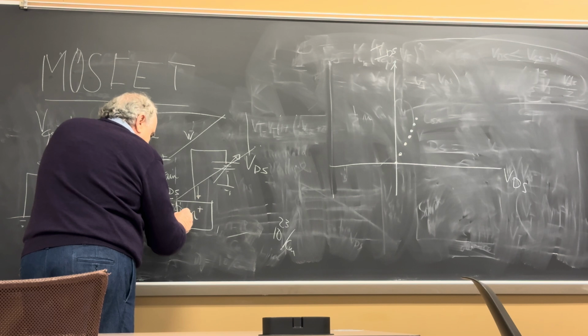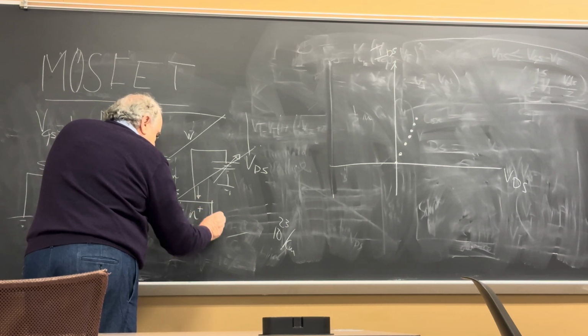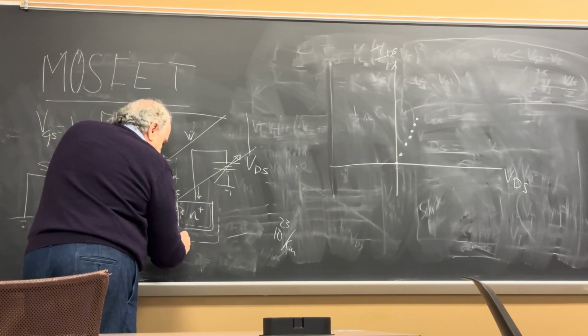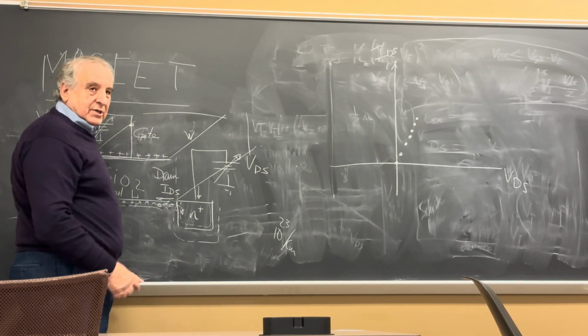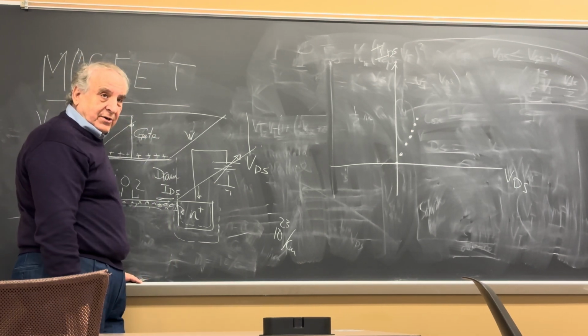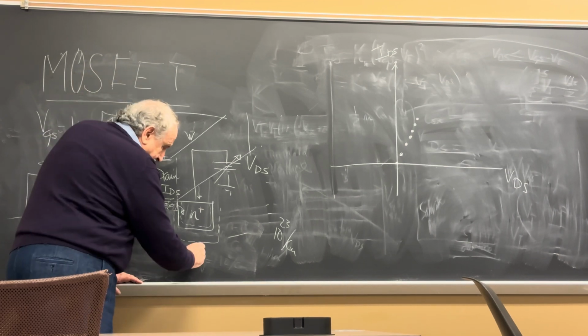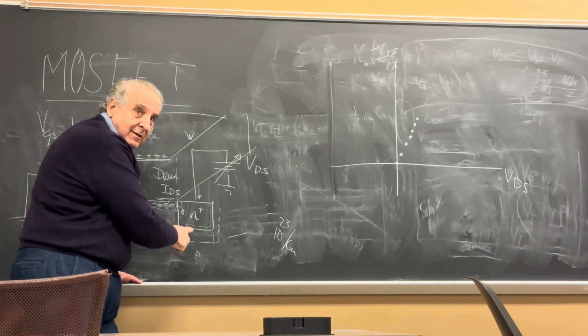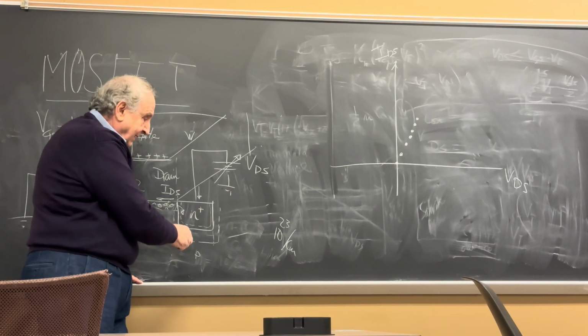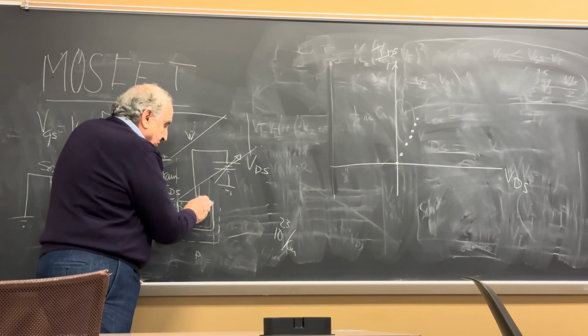What is there here? What is this? P. Depletion region, right? PN, this is the diode. Depletion region, correct?